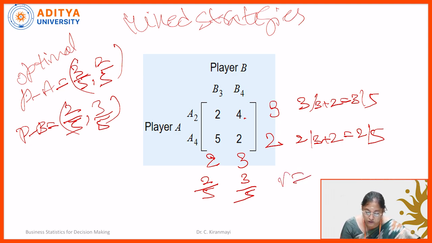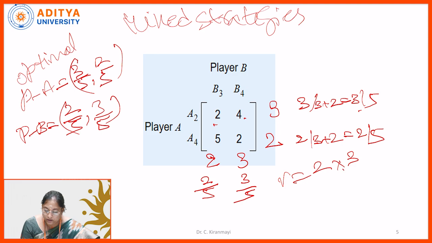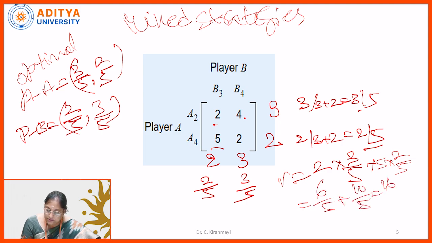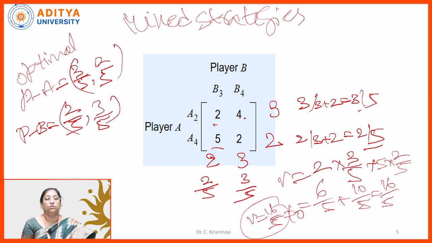Value of the game is going to be 2 into 3 by 5 plus 5 into 2 by 5. That is 6 by 5, 10 by 5, that is 16 by 5 is value of game, which is not equal to 0. Therefore, the game is not zero sum game, it is not fair game.